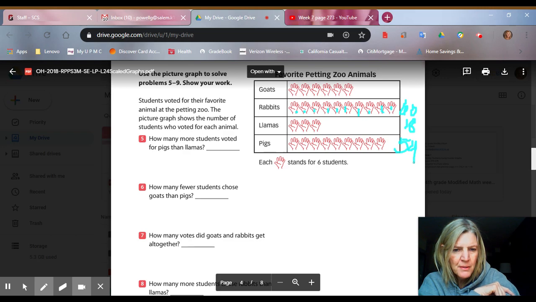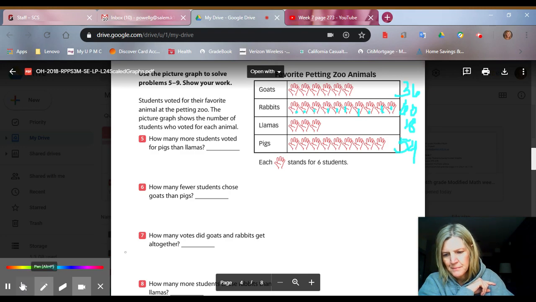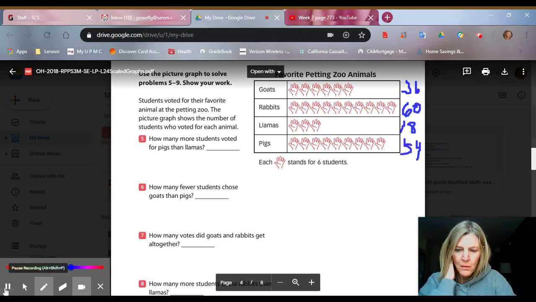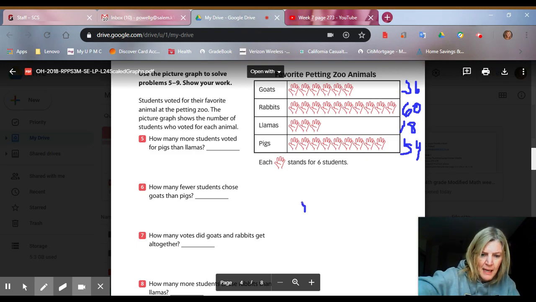And there was 36. So let me write that a little neater. So you could say that the total number of rabbits and llamas that the students chose as their favorite was, and then you could add it up.